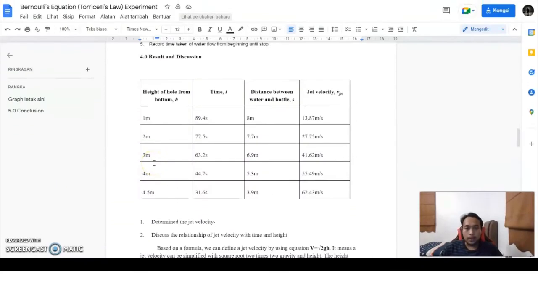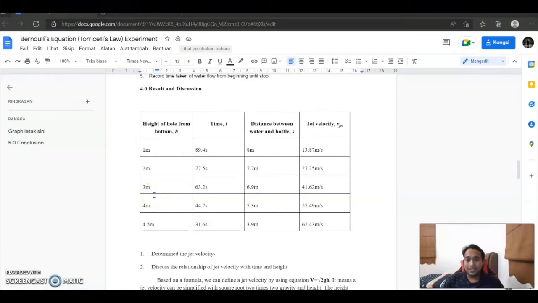For the result of this experiment, we calculate the time and the distance between water and bottle. For the 1 meter, we get 89.5 seconds for the time and 8 meter for the distance. For the 2 meter hole, we get 77.5 seconds and 7.7 meter for the distance.